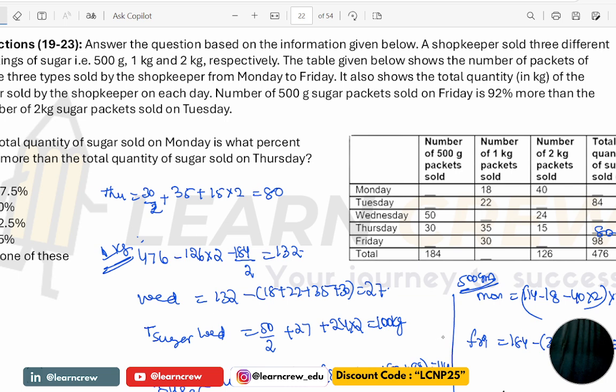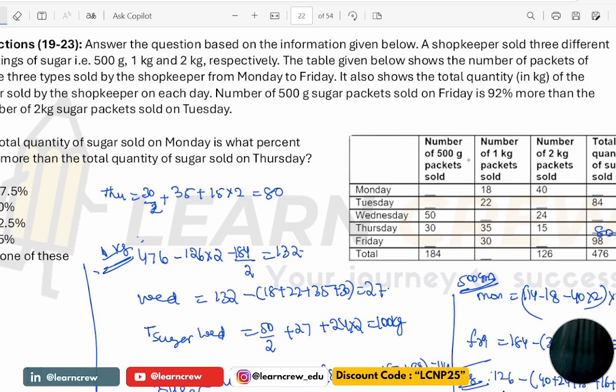So from this, how much are you going to get? Number of 2 kg packets on Tuesday would be how much? It is 126 minus 40 plus 24 plus 115 plus 16 plus 25% of x, 0.25x, which is equal to 31 minus 0.25x.